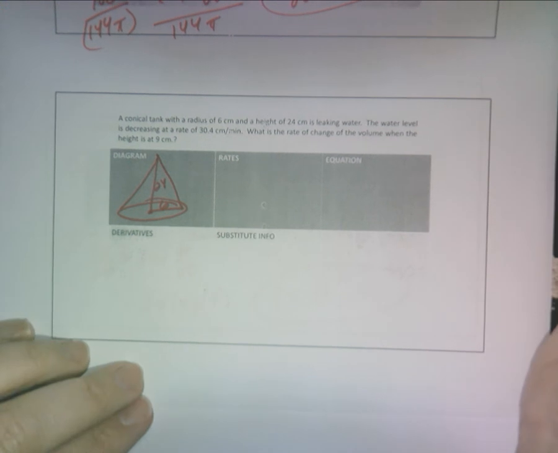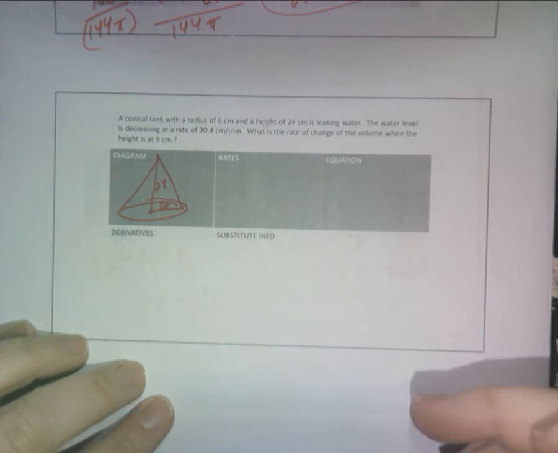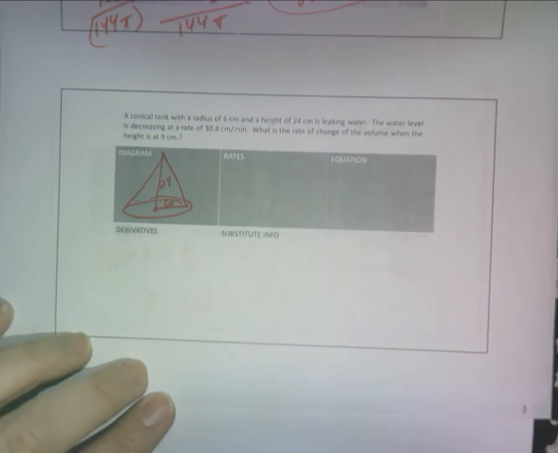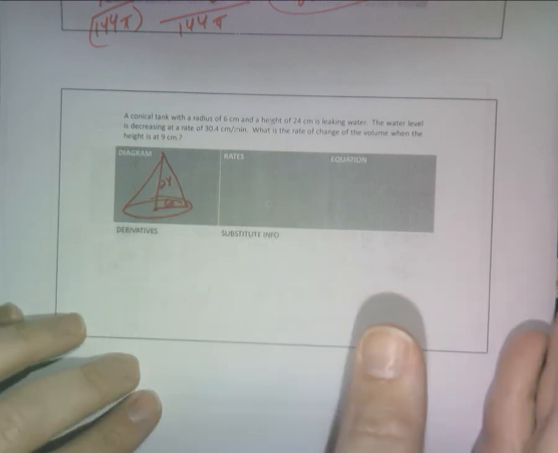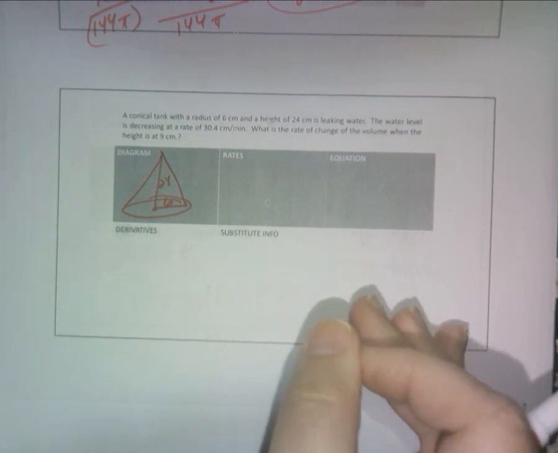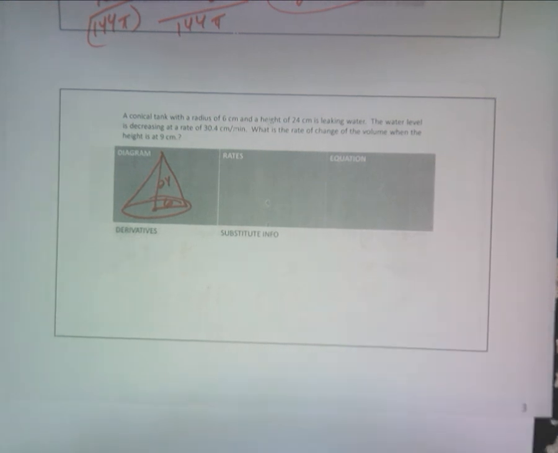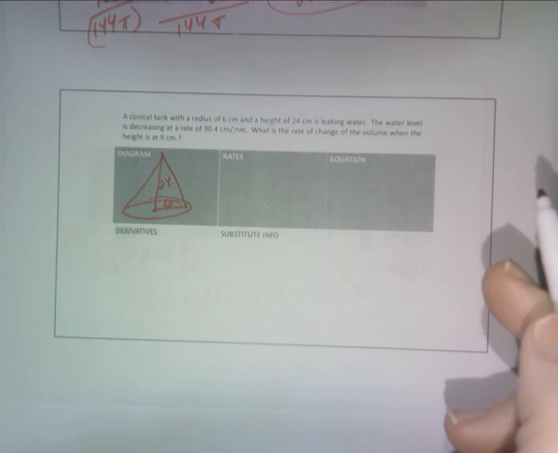Okay. Conical tank. Yes, that's what we want. A tank. It should be upside down. Probably I should have drawn it upside down, but whatever. Okay. Here's my problem again. You have numbers here, and we need a formula. And that formula needs to contain r's and h's, but actually it needs to contain either all r's or all h's. And in this case, since we're talking about height, I want everything in terms of h.